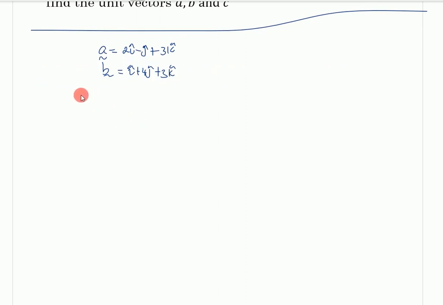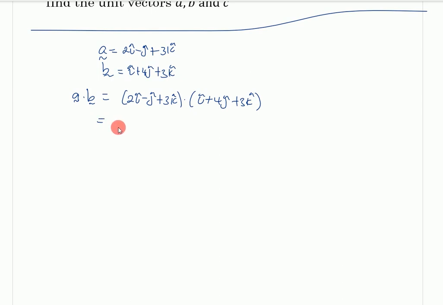So let us get the dot product. a dot b is equal to 2i minus j plus 3k dotted with i plus 4j plus 3k.